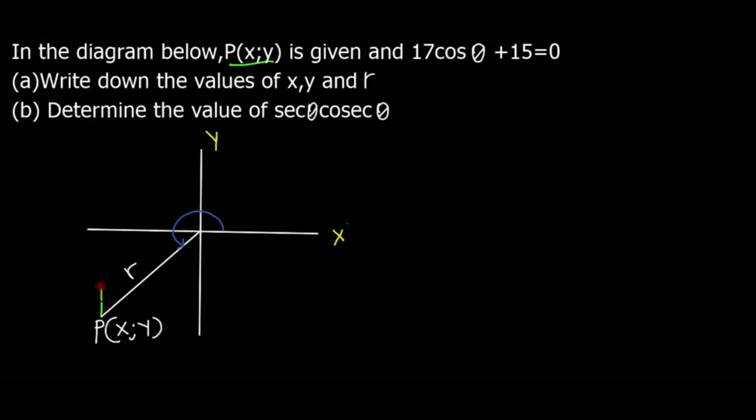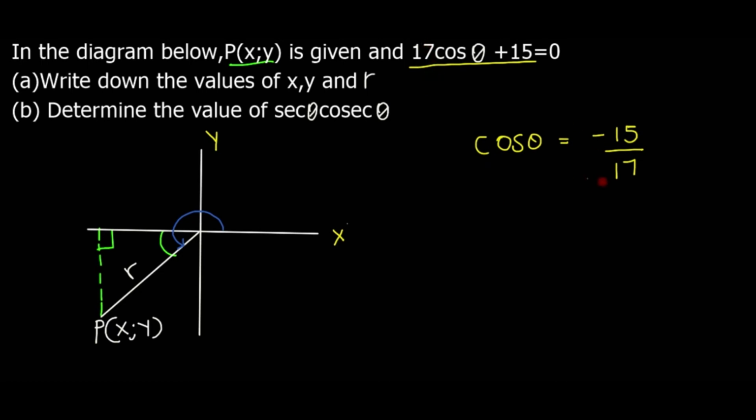So you will join this line, and then you will have your right angle triangle, and here you have your angle. So to make it simple, you will have cos theta is equal to negative 15 divided by 17. We take 15 to the other side, it becomes negative 15, and then we divide both sides by 17.